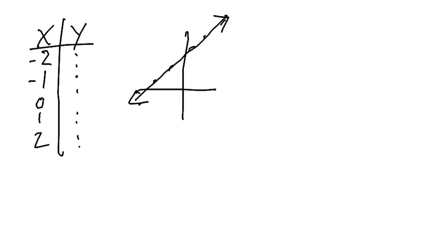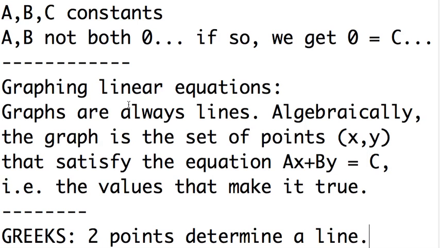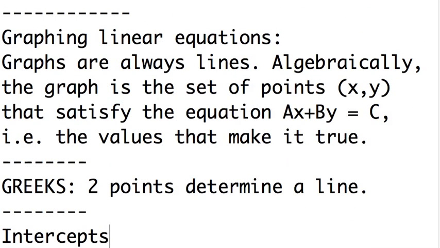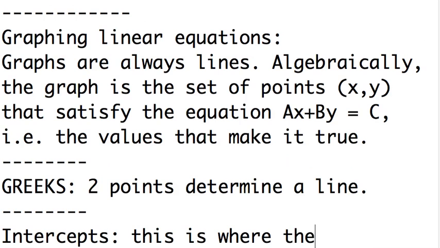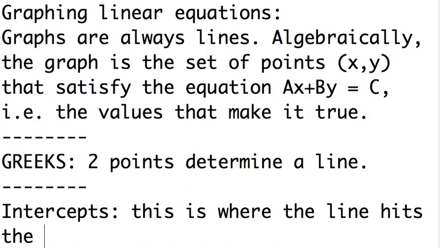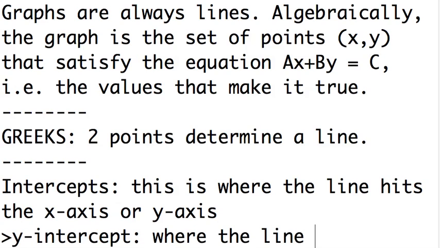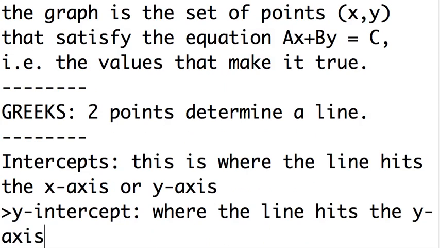Well, it turns out that there's an easier, more systematic way of doing this, and this is using the intercepts. And this is where the line hits the x-axis or y-axis. So we have 2 kinds of intercepts. We have the y-intercept, because you're probably more familiar with this one, where the line hits the y-axis.